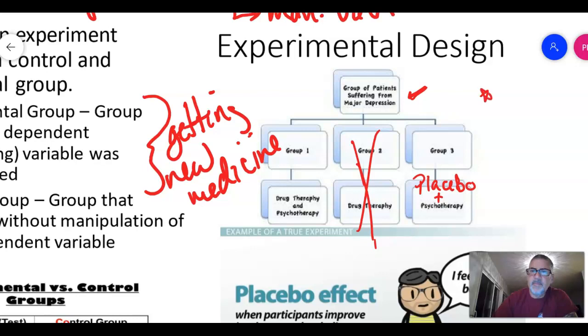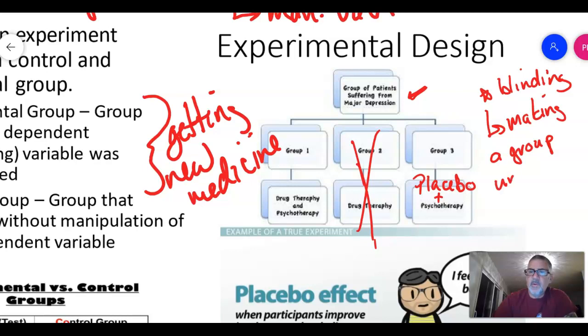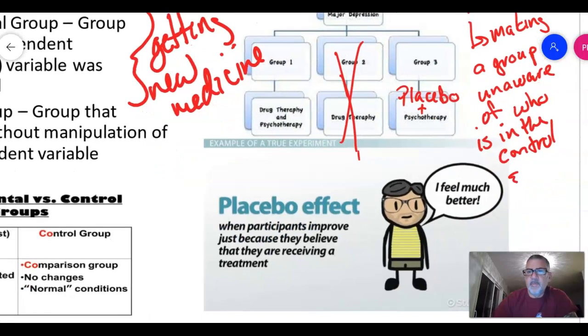So blinding is making a group unaware of who's in the control group and who's in the active group. Double blinding, right?